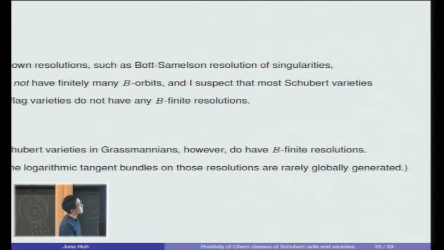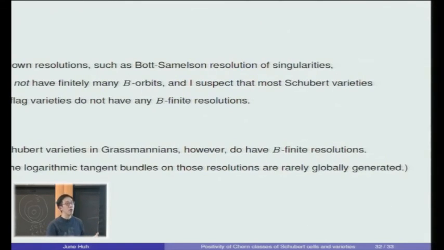I don't know how to make this precise, but I think it's a true statement that most Schubert varieties in general flag varieties, say in G mod B, do not have B-finite log resolutions. But for Schubert varieties in Grassmannians, you could find a very simple resolution.